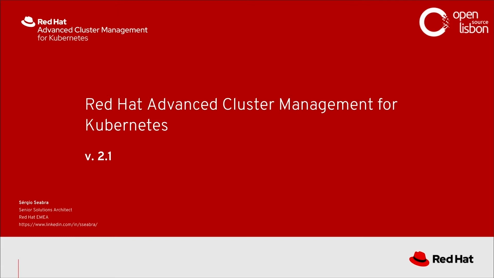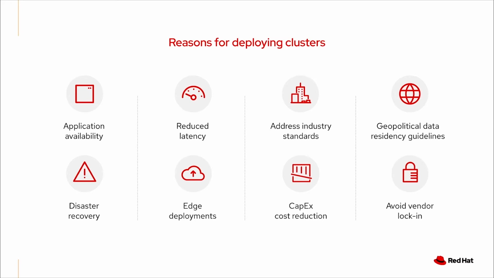What is the thought process behind the existence of something like RHACM? So why do we need a multi-cluster manager? There are many reasons why organizations, customers need multiple OpenShift or Kubernetes clusters.